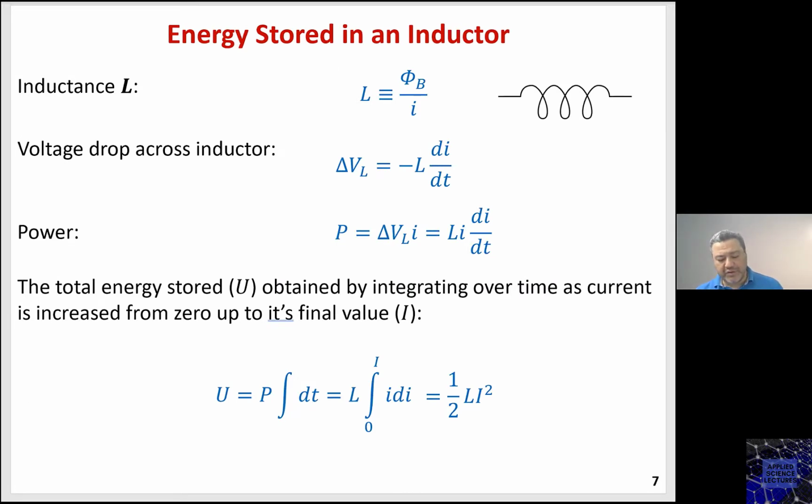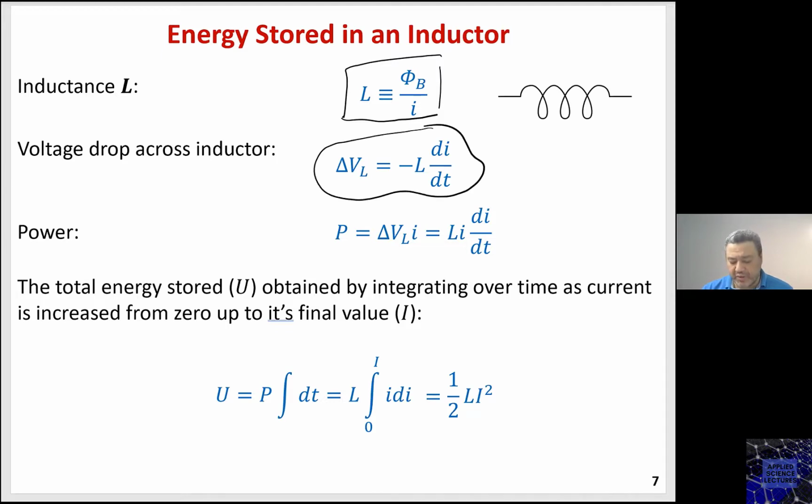Now the energy stored in an inductor. We have seen earlier that the inductance is the flux divided by the current. And we also have seen that the potential difference across the inductor is minus L dI over dt. Now the power would be this potential difference times the current, which is L i di over dt. So this is the power. Now if you want to calculate the energy, then we need to integrate the power over time.